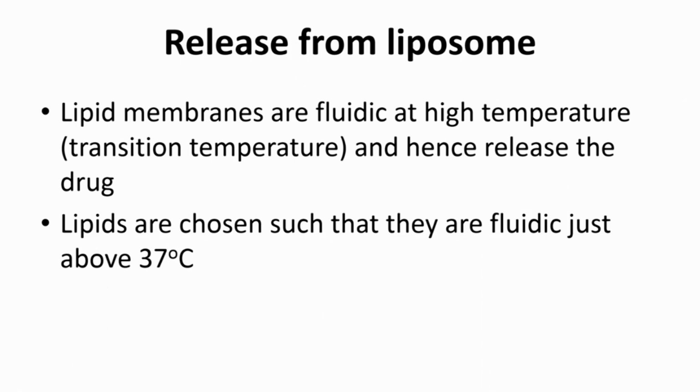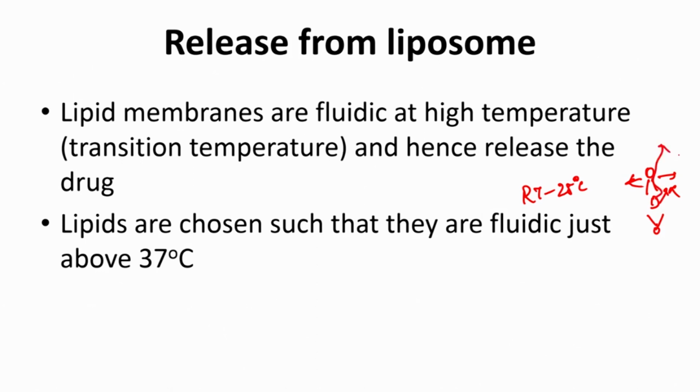For that to happen, the lipids are chosen such that they are fluidic just above 37. If they are at a lower temperature, let us say at room temperature, which is 25 degrees Celsius, they are fairly solid. So, their movement of the lipid in the sideways direction is very low. The drug which is encapsulated between these lipid structures is not able to come out, but as you increase the temperature, the movement increases and the drug can slowly diffuse out.